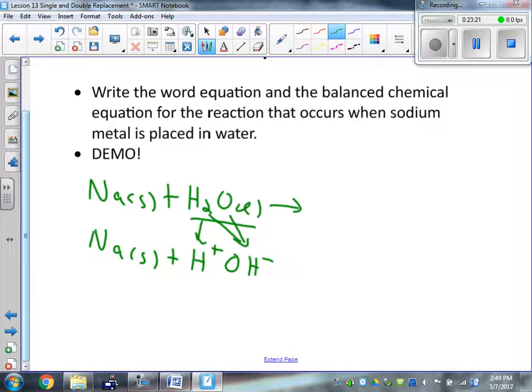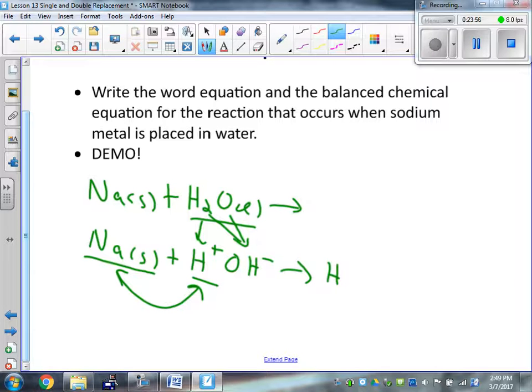So now, if I said, what's sodium going to replace in this formula, H+ or OH minus? Sodium's going to replace what? H+ or OH minus? It's going to replace H+, isn't it? Okay? And those two will switch positions, and you will get H that comes out by itself.